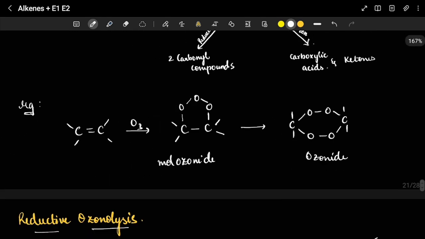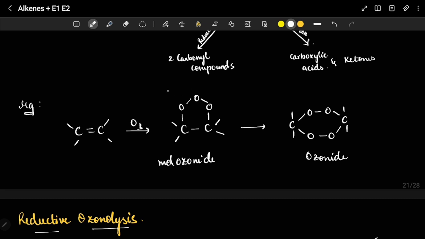Now let's see how ozonide is formed. The ozone molecule looks like this, technically not exactly like this, but it is going to look like this. This ozone will react with the alkene, and the double bond is disturbed, just like how it happens in oxymercuration-demercuration.